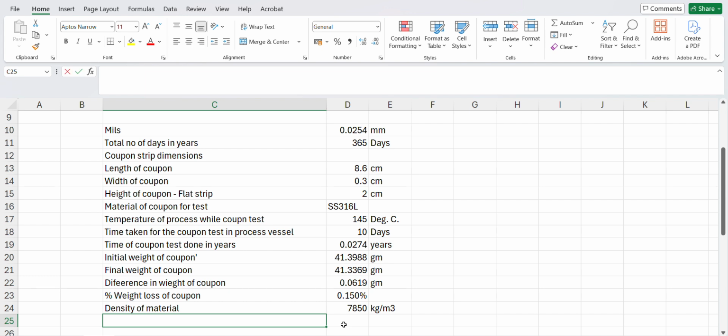Then we have to calculate the surface area of the strip.